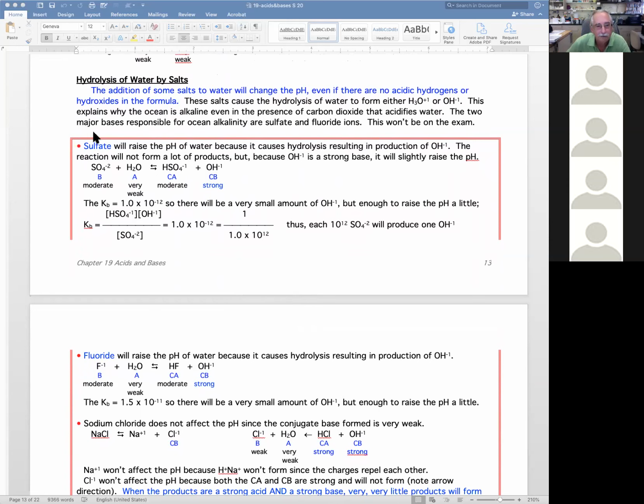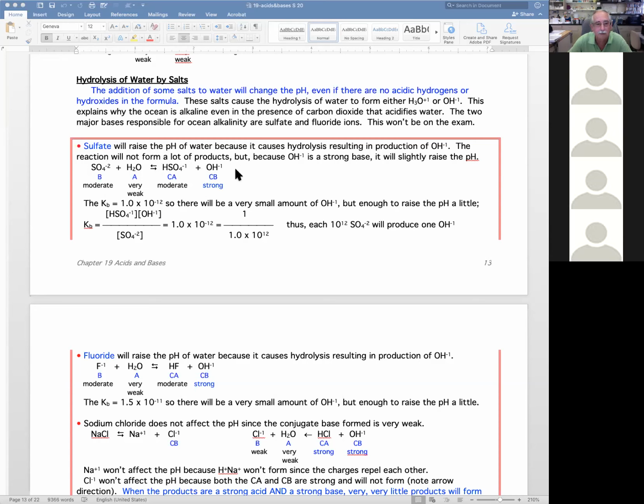So here's what I mean by that. If I add sulfate, I'm going to raise the pH of water. Here's why. Because it hydrolyzes water and creates the hydroxide. So here's the base, making water act as the acid. Here would be my conjugate acid and my conjugate base. But because I form a little bit of hydroxide, you know what that does? That raises the pH.